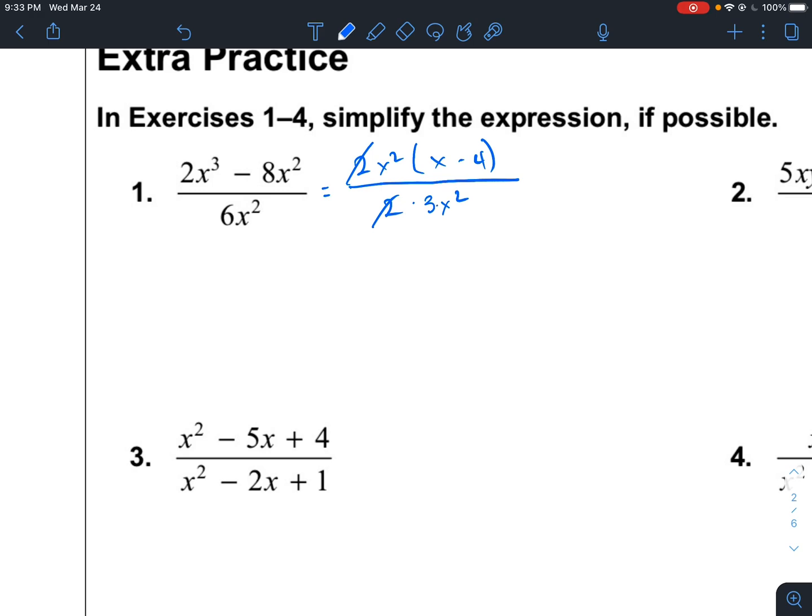And then you can see that the x squareds will cancel, so in the end you'll be left with x minus 4 divided by 3. And make sure that you note your domain restriction, which is x cannot be a value that makes the denominator 0, so in this case x cannot equal 0.